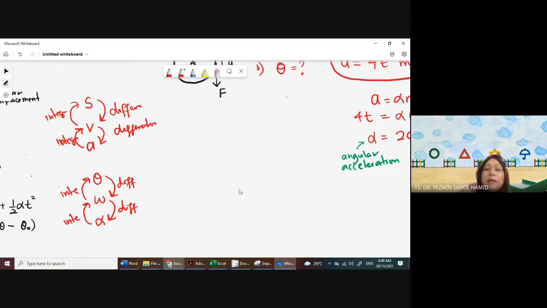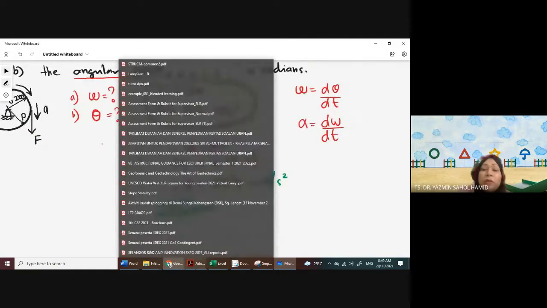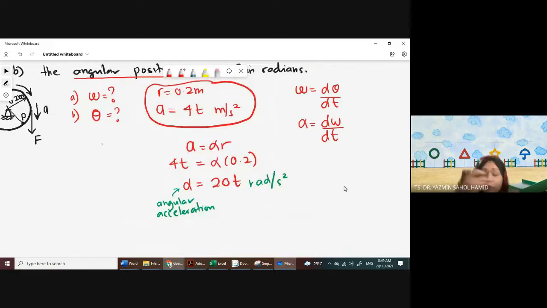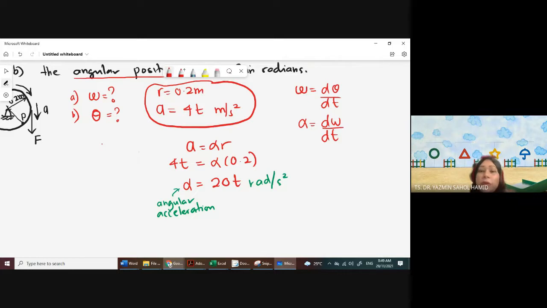Okay. Right now what we have is alpha, but what we want to find is omega. So if you want to find omega, what do you need to do? Integrate. Yes, you need to integrate. You know alpha equals d omega over dt. So you integrate both sides, in terms of dt.